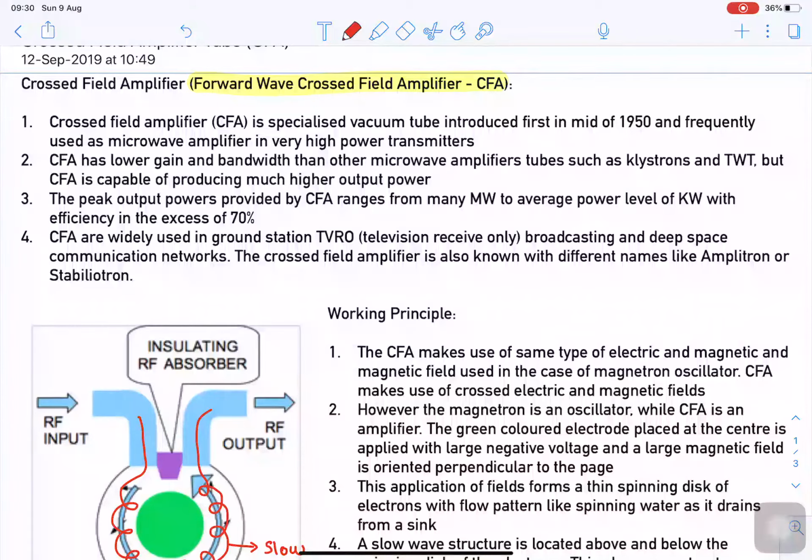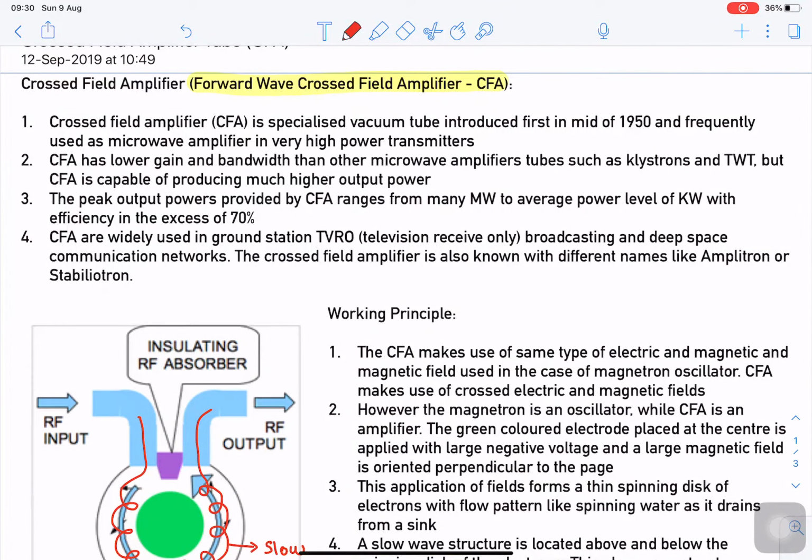This is also another type of microwave amplifier, but here instead of using a linear beam, which we utilized in the case of a traveling wave tube, we are going to utilize two different fields which are oriented perpendicular to each other. So that's why these are called crossed field amplifier, or simply CFA, right?